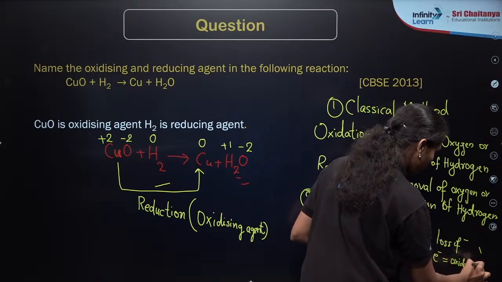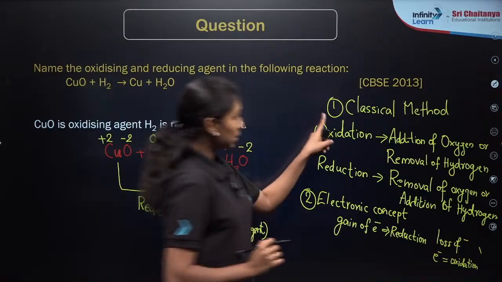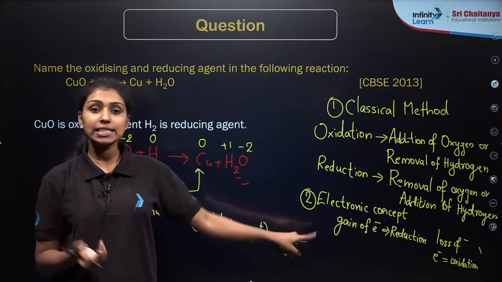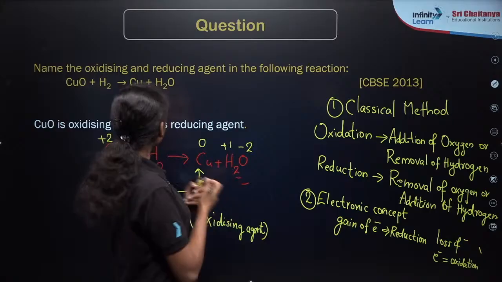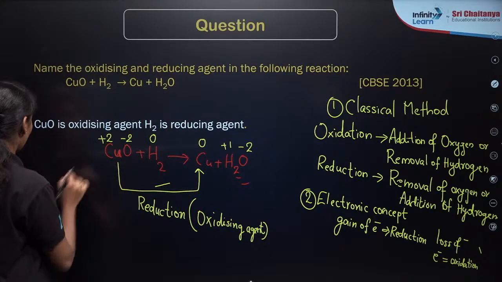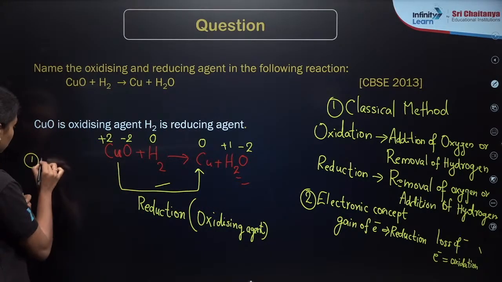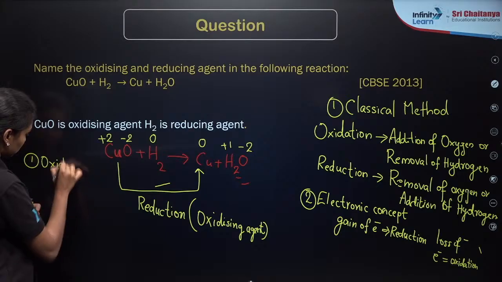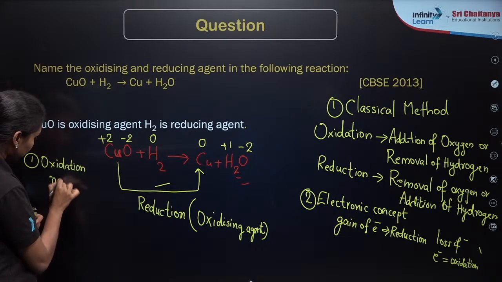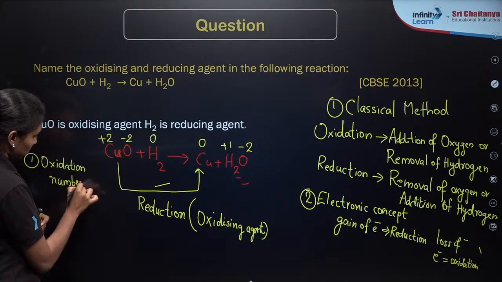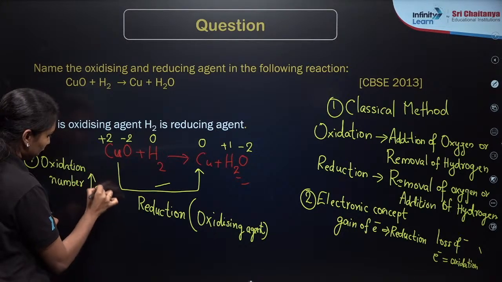Then what about the third concept? This is the first method, this is the second method, and third one is the oxidation number method, right? According to oxidation number method, you can write down here: if the oxidation number increases, it will be oxidation.